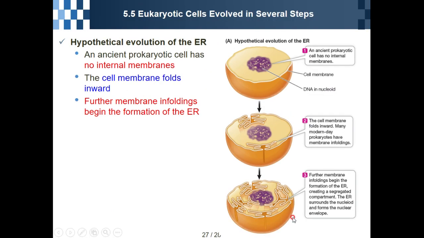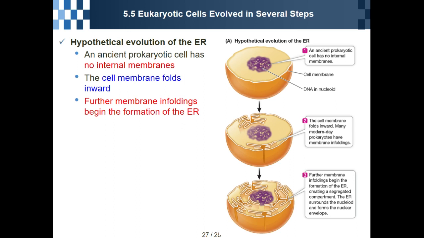So we cover the ER, Endoplasmic Reticulum. So this is the nucleus, and next to the nucleus, the ER is made like this. But this is hypothetical. This is not raw. This is theory. Sorry. Hypothetical evolution of ER.